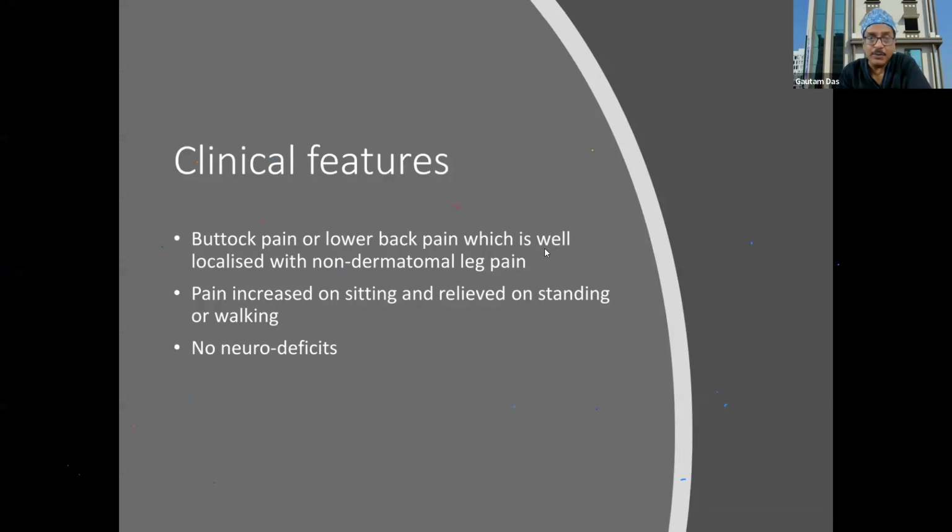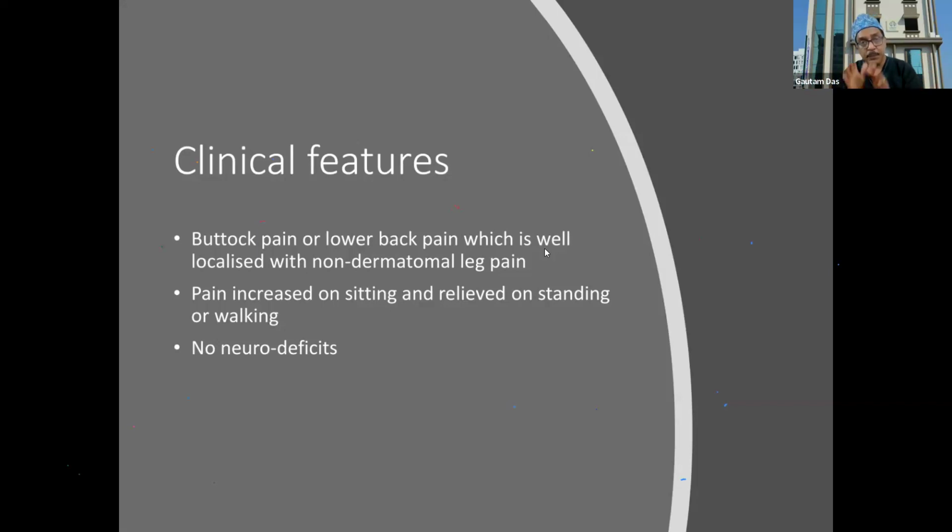Why? Because sitting loads the SI joint, but also on prolonged standing. It will be relieved on standing or walking, but on prolonged standing or prolonged walking, again there will be load on the SI joint. So mild walking, standing for some time is going to decrease the pain, because it's a joint pain. In any joint pain, the pain will be decreased in the initial part of walking.